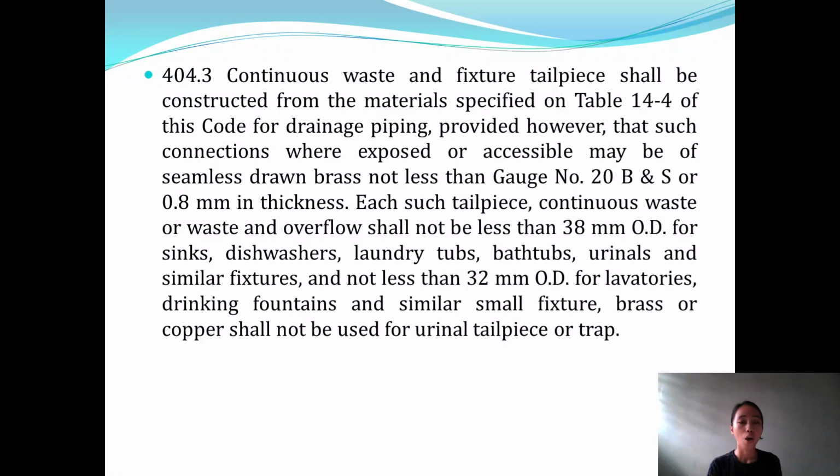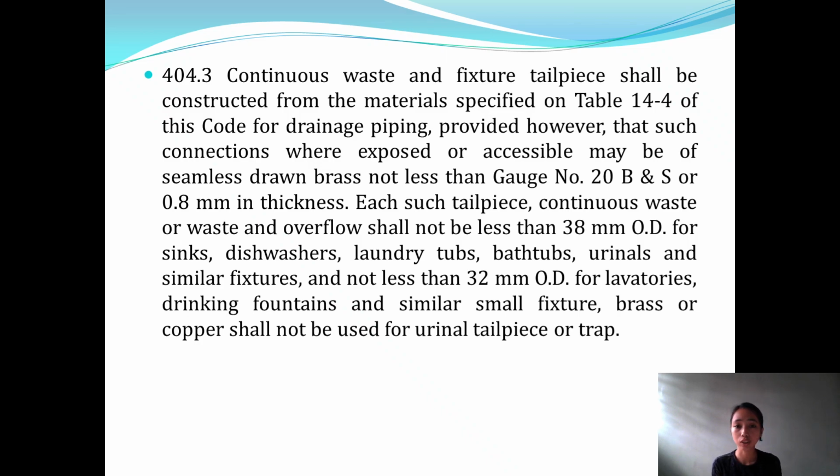Next is 404.3. Continuous waste and fixture tailpiece shall be constructed from the materials specified in Table 14-4 of this code for drainage piping, provided however that such connections, where exposed or accessible, may be of seamless drawn brass not less than gauge number 20 B&S or 0.8 millimeter in thickness.